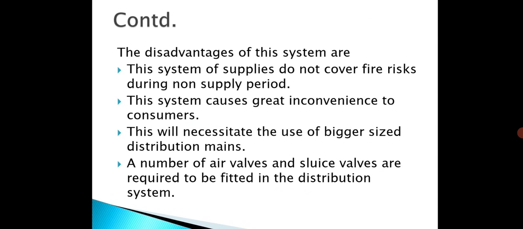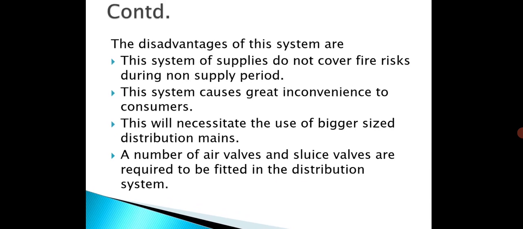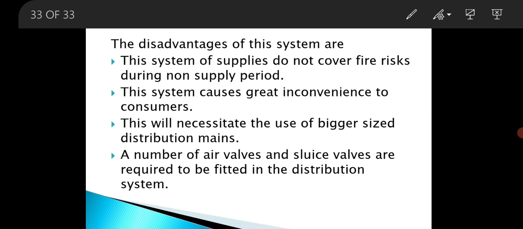But this intermittent supply system has certain disadvantages, that are this system does not cover fire risk during non-supply period, and also this system causes great inconvenience to the consumer for receiving and collecting water.